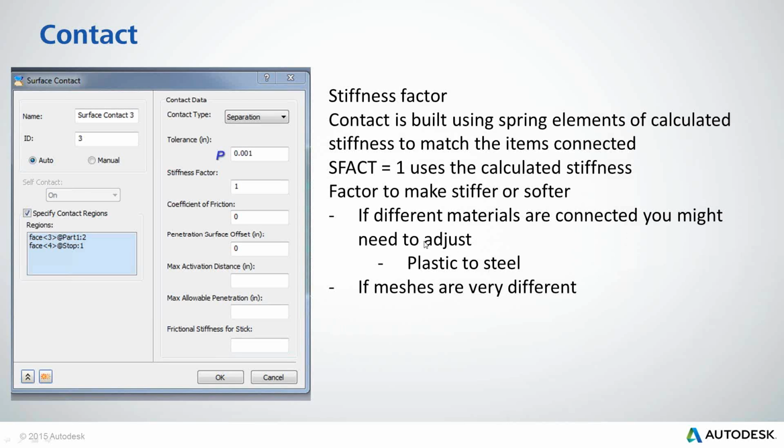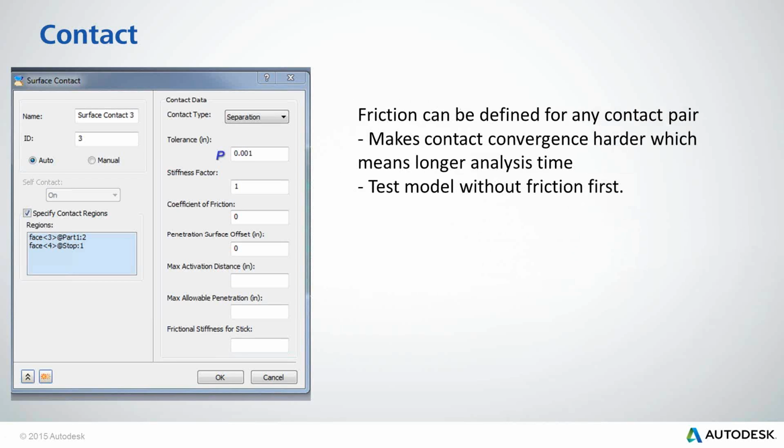And if you have very different materials or very different meshes, you might need to adjust that value up or down. You can also add friction to your contact pair by adding a friction coefficient. Whenever you do add friction, it makes the convergence a little slower, so we recommend that you test the model without friction first.